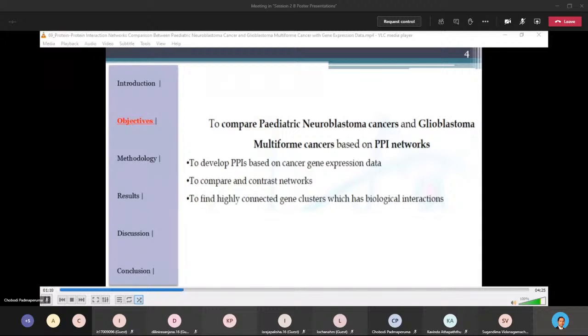Sub-objectives are to develop protein-protein interactomes based on gene expression data and to compare and contrast those networks to find highly connected gene clusters which have biological meaning.